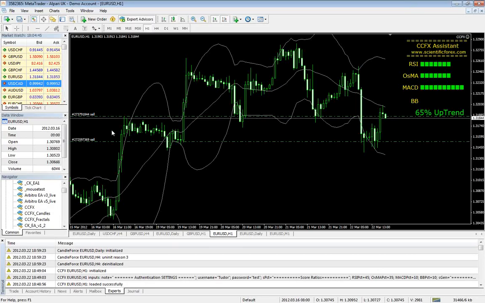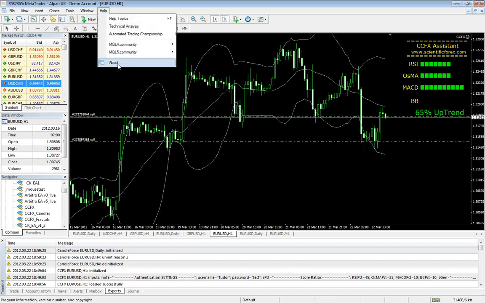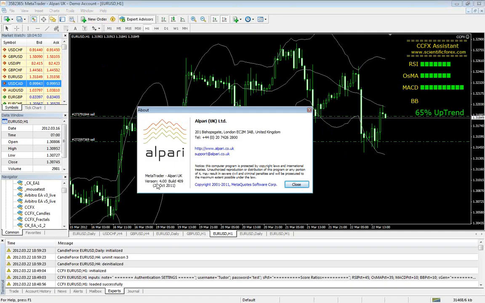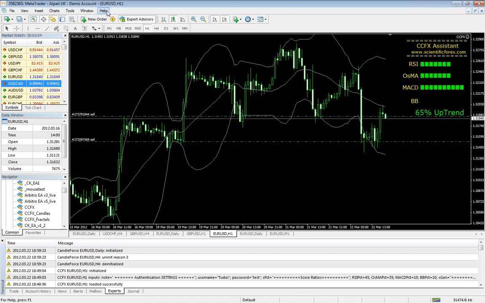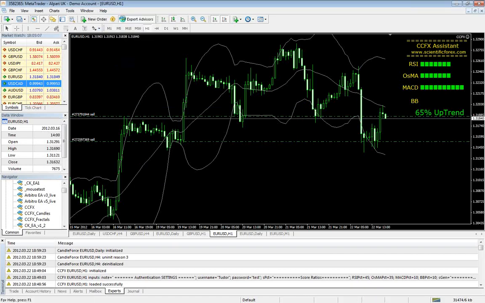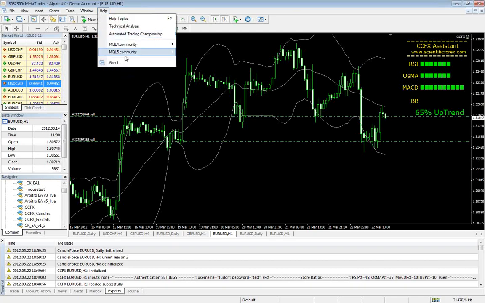So basically, if it locked your chart, also make sure that in Help, About, you can see your latest MetaTrader 4 build. In my case, I have build 409 and it works with all of the indicators. If you want to update, it checks automatically.